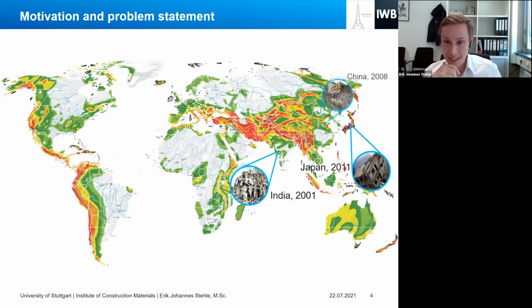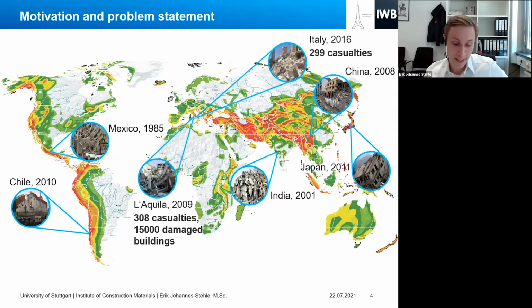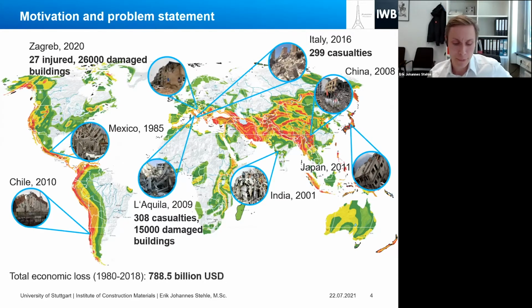So what you can see here is the global seismic hazard map and some of the major earthquakes that happened in the past decades. And it becomes apparent that earthquakes are still one of the most devastating natural disasters today, as we can see from the high number of casualties and also from the high economic losses.